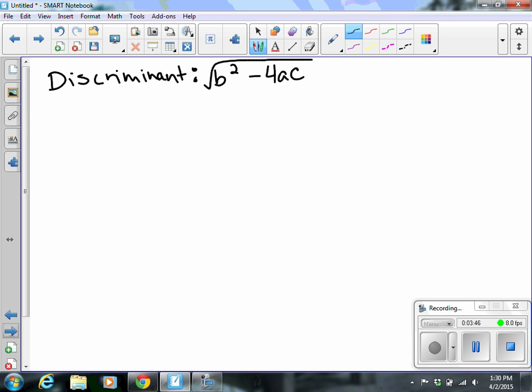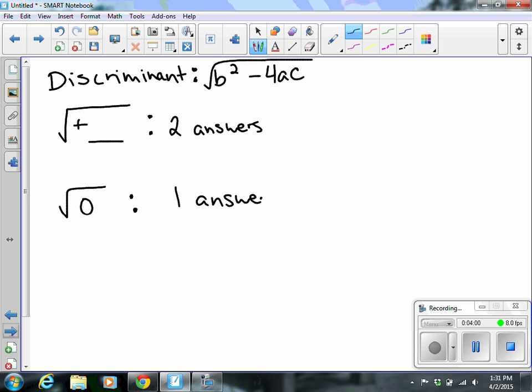So for instance, if I have the square root of a positive number, I'm going to have 2 answers. If I have the square root of 0, I'm going to have 1 answer. And if I have the square root of a negative number, I'm going to have 0 answers.